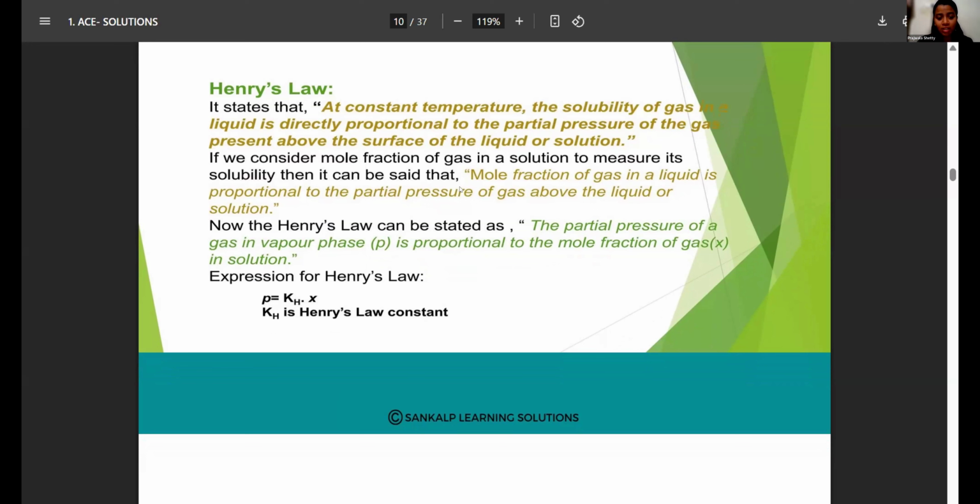Also, Dalton, a contemporary of Henry, added some points. They actually combined and gave one statement which is shown here.